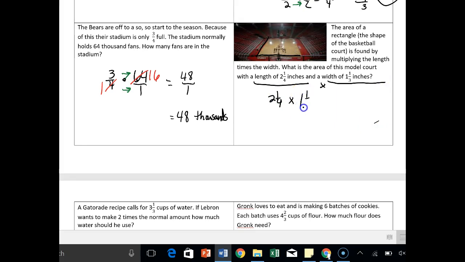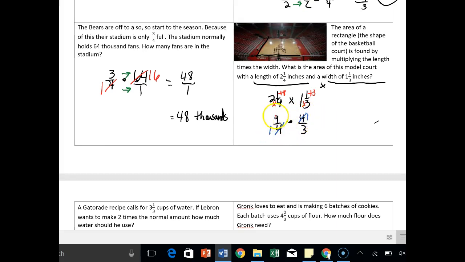1 1/3. So again, we got to stop. We got to change these to improper fractions first. So this improper fraction will be 9 over 4 times, and then this improper fraction, 1 times 3, add it there, will be 4 over 3. Can I cross cancel? You bet I can. 4 and 4 can be divided by 4, so you get 1 and 1.